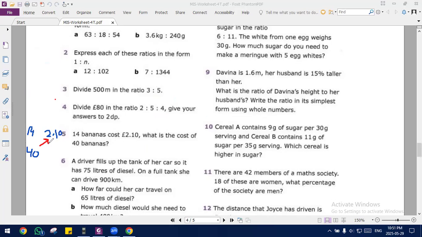The answer is 6. Need to know how to solve it. 2.1 times 10 is 21. I used the 0 and the decimal. So now it's 21. And then you should times it by 4. And then we divide by 14.